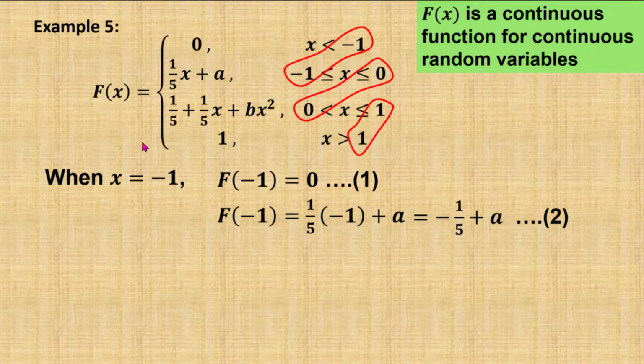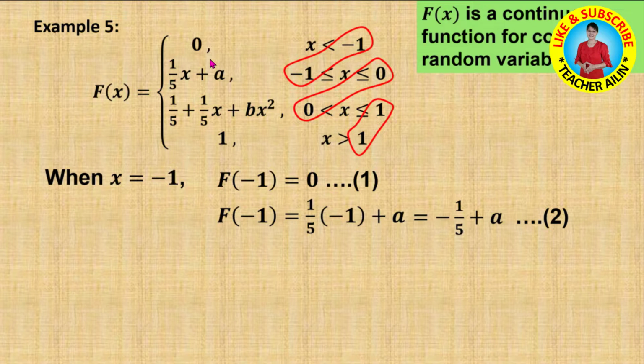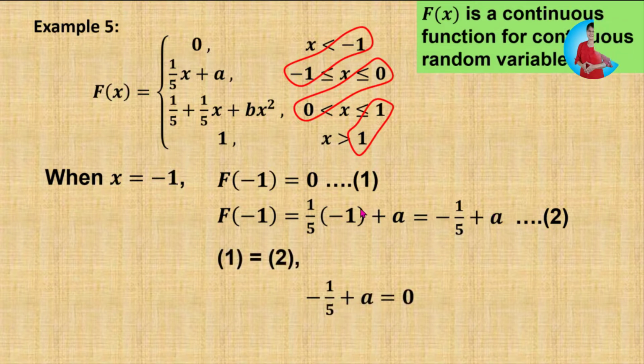Since the function f of x is continuous at x equals -1, these two values are the same, which means -1 over 5 plus a is equal to 0. So therefore, a is equal to 1 over 5.